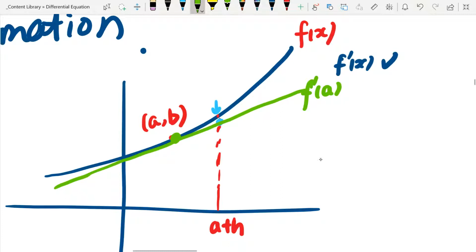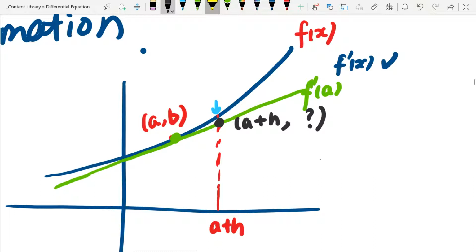Okay, let's think about that. If I have this point, which is a plus h, which is the x value, and then the question mark is the y value, the unknown y value. This is the value I want to figure out. And I say this value will be the estimation of the actual f(a plus h).